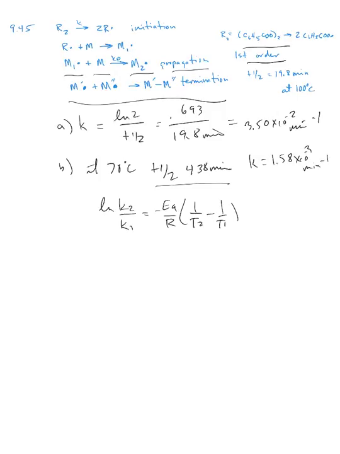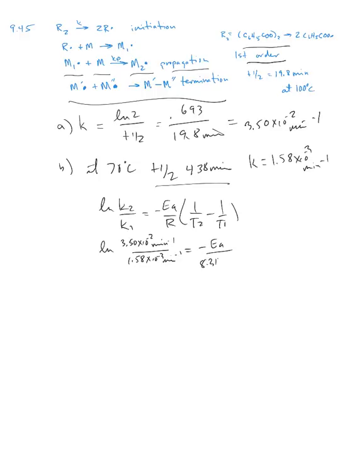So we have two rate constants at two temperatures. We could go forward to show that the natural log of, let's call the 100 degrees K2 and T2, 3.50 times 10 to the minus 2 inverse minutes over 1.58 times 10 to the minus 3 inverse minutes is equal to minus EA over R, times the parenthetical statement.